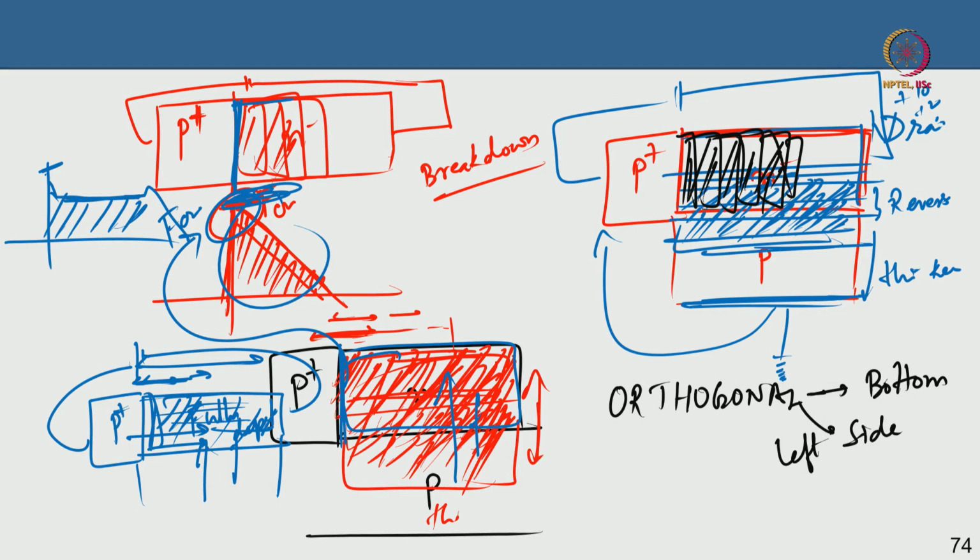Think of it like an intrinsic semiconductor. You are going to increase the voltage in the lateral direction, but your critical field will come much later. The value of the critical field does not change, but you are not going to spend any energy or effort in depleting because it is already depleted. You see my point?